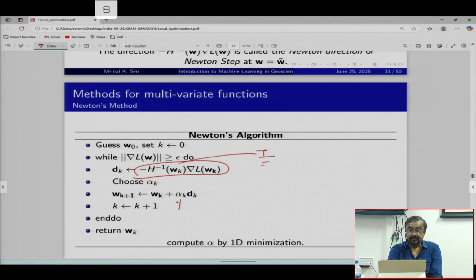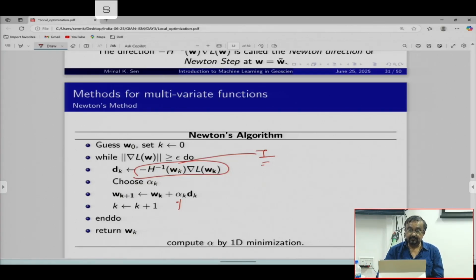Okay? Now, this is a very powerful tool, but the problem is that computing the Hessian is a lot of work, especially for a large number of variables. So typically what we do is we use some approximate values of the Hessian matrix, and we approximate it either as a diagonal or using some other methods.